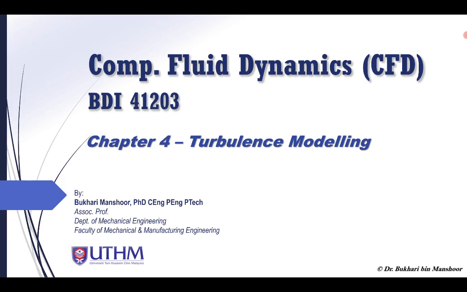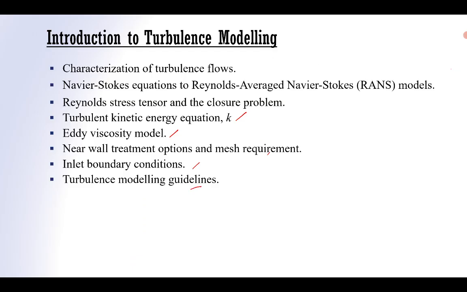Okay, so in this video, or in this class, we will look at Chapter 4 of computational fluid dynamics, which covers turbulence modeling. What we cover in this chapter basically consists of, first, the characterization of turbulent flow, and then the Navier-Stokes equation to the RANS model.